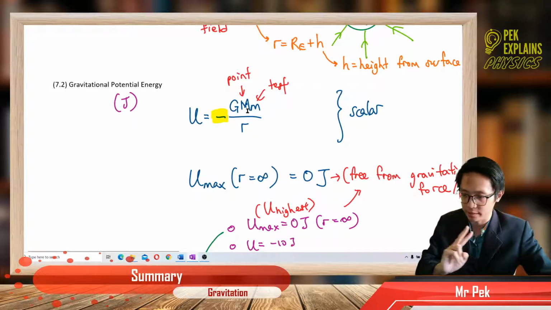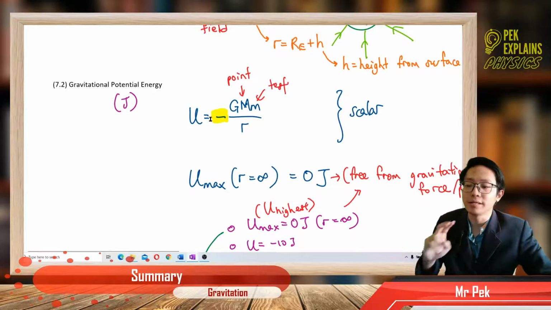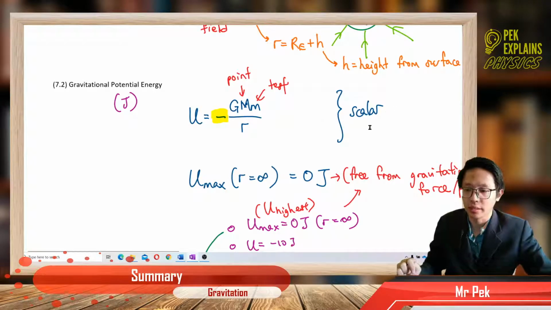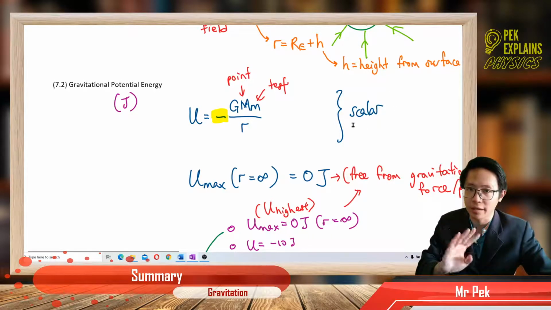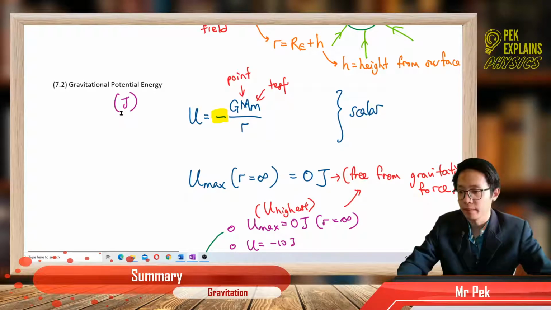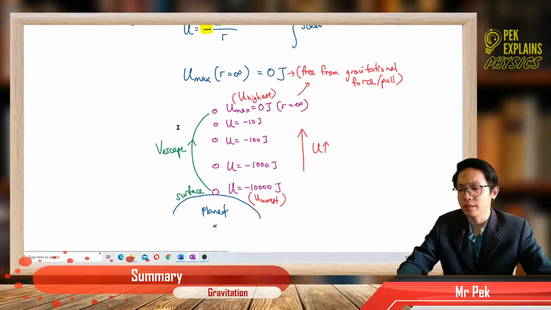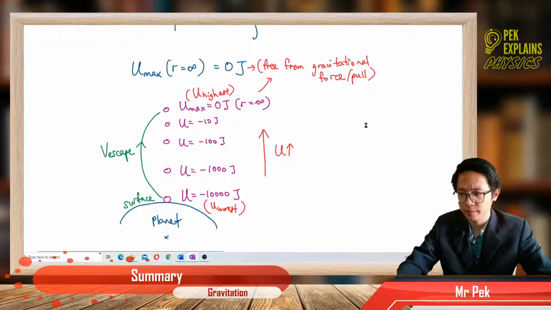And you must have a negative sign. The negative sign is very, very important. And it is a scalar quantity. It has no direction, no arrow. The unit is joule.